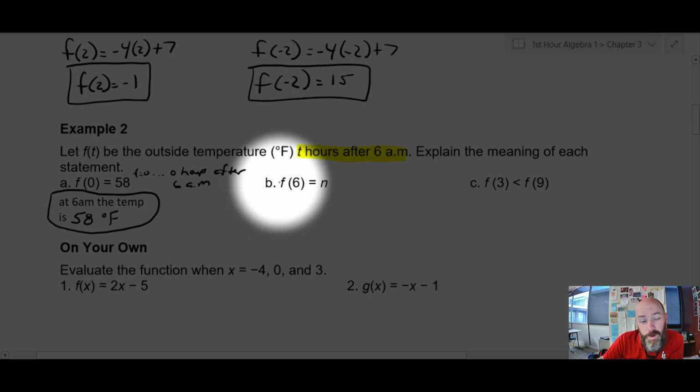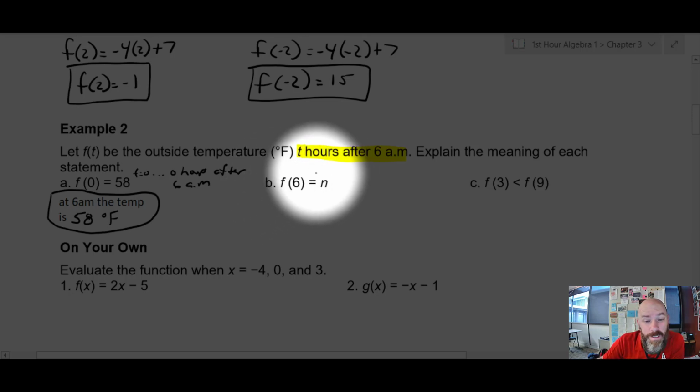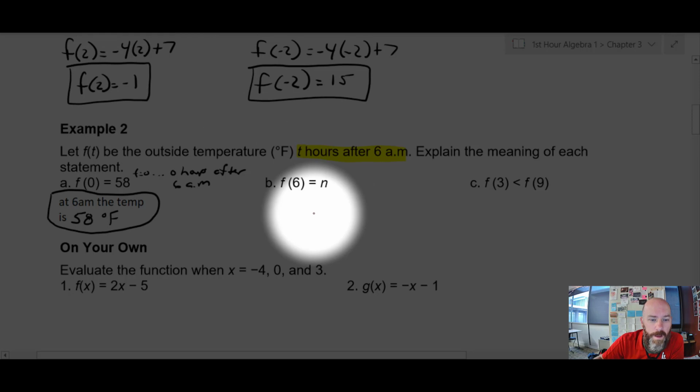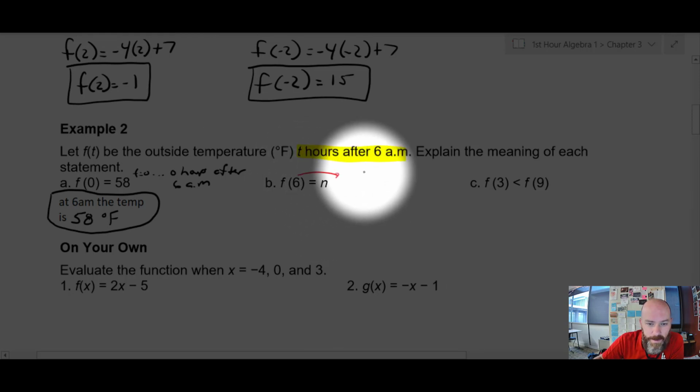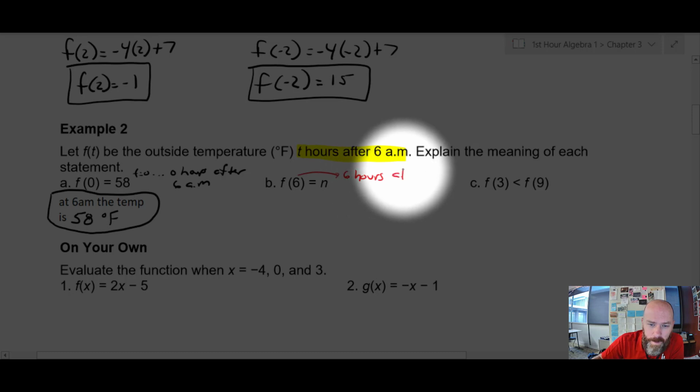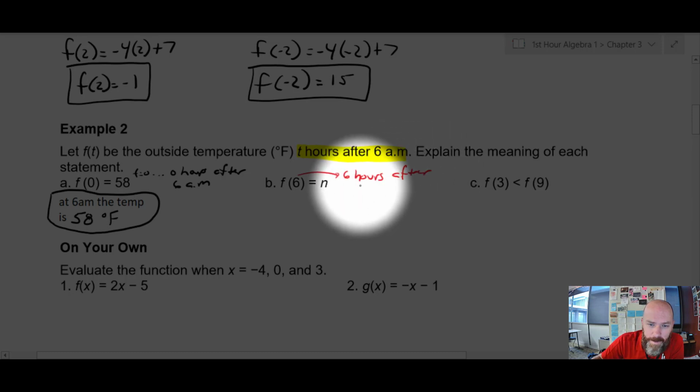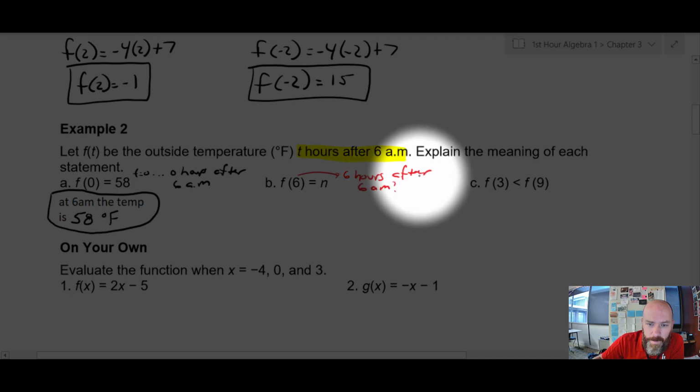Part 2b is a little bit more challenging because there's this n here. So first of all, this 6. What is 6 hours after 6 a.m.? That's 12 o'clock noon.